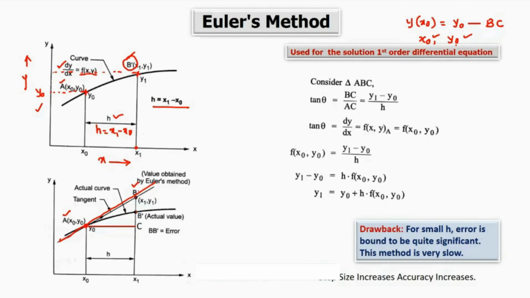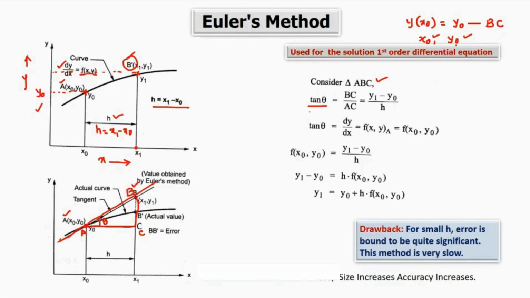So consider a triangle ABC. This is point A, this point is B, and this is point C. So this is the ABC triangle. Now, tan theta, we are assuming theta is negligible, or simply a small angle.